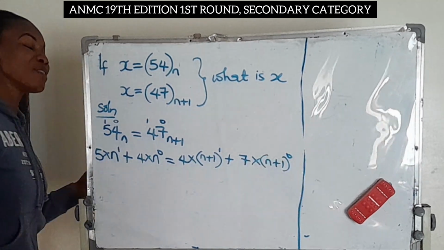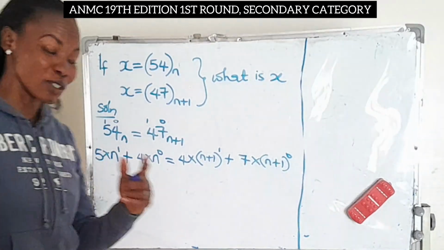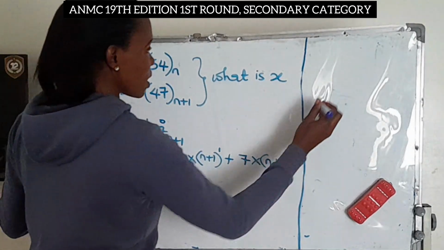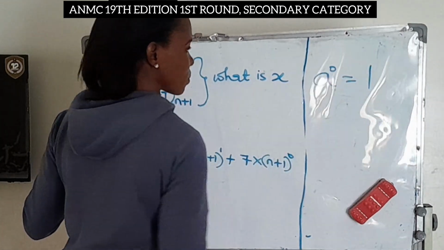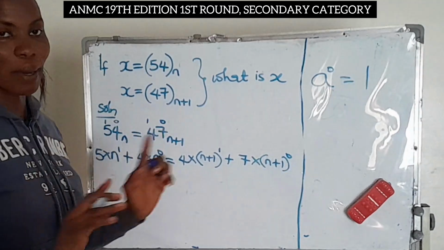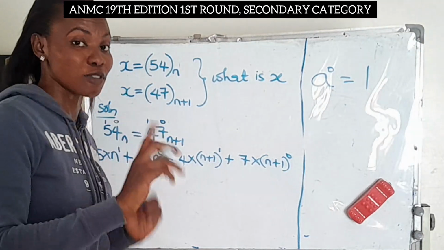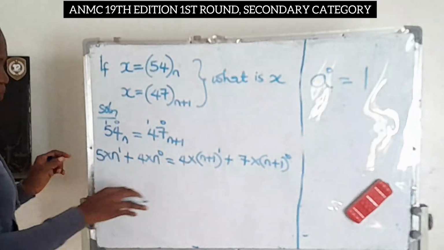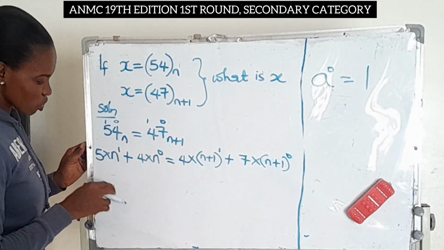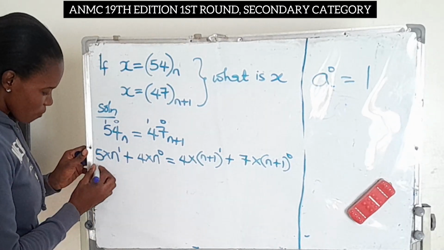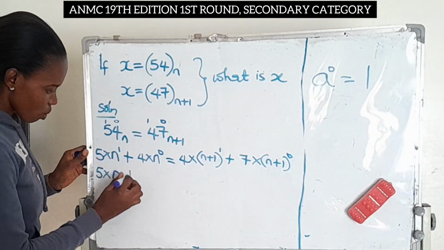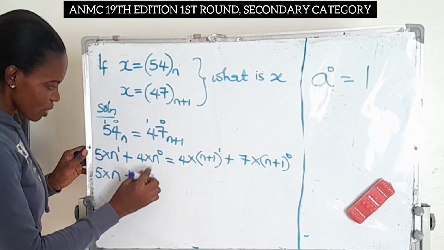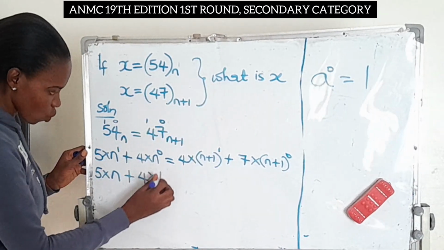Now, one of the laws of indices says that any term that is raised to the power of 0 is equal to 1. So any number, alphabet, whatever that is raised to the power of 0 is 1. So that will help us to reduce some things. For this one, 5 times n raised to the power of 1 is 5n, plus 4 times n raised to the power of 0, from that law, is 4 times 1.